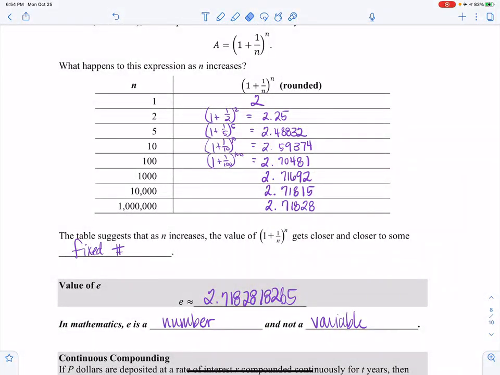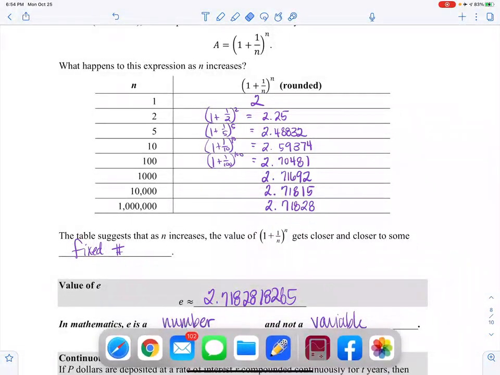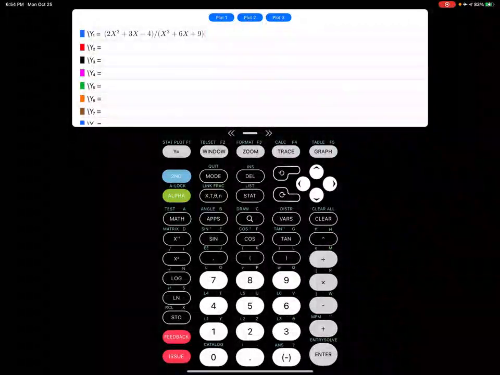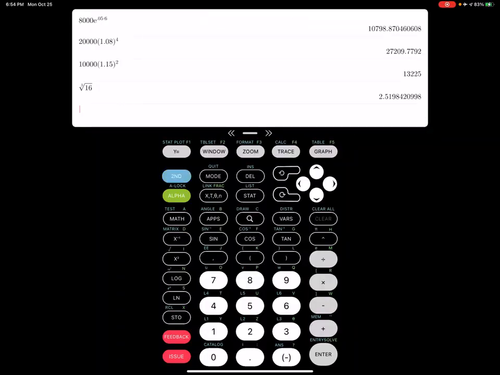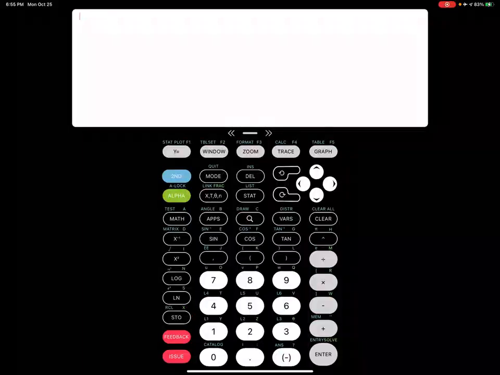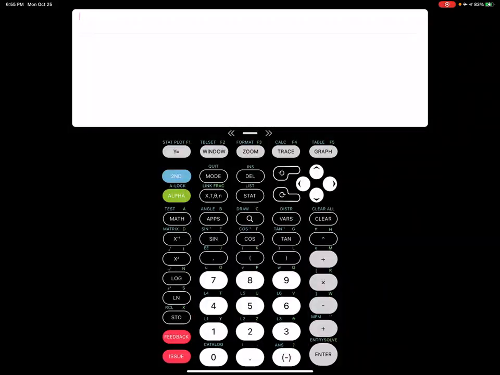My fixed number has a name. It's called E. In fact, if you look at your calculator, on the left column, notice that there's an LN button. Right above the LN button is this little symbol that says E raised to the X power.